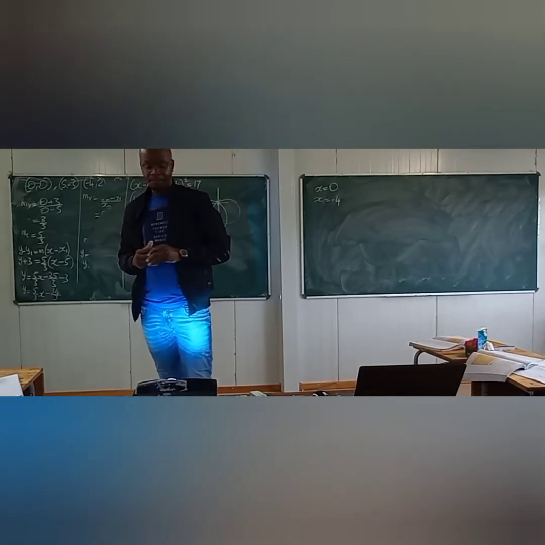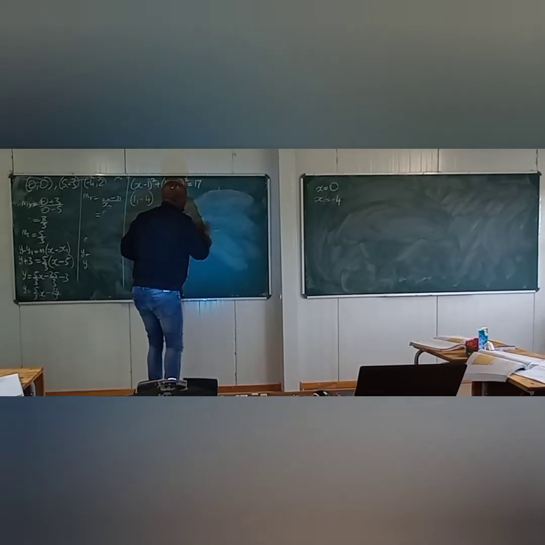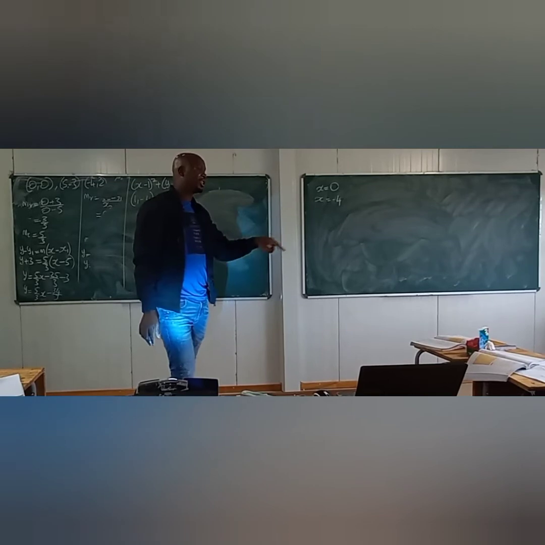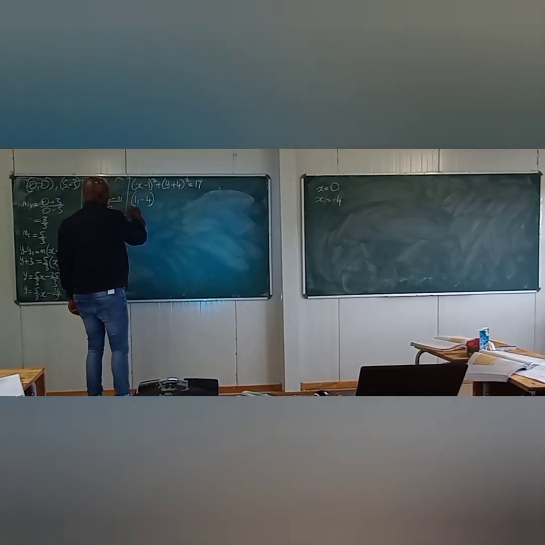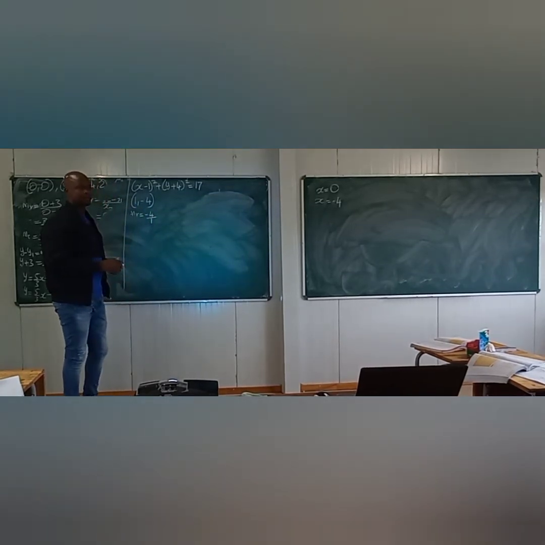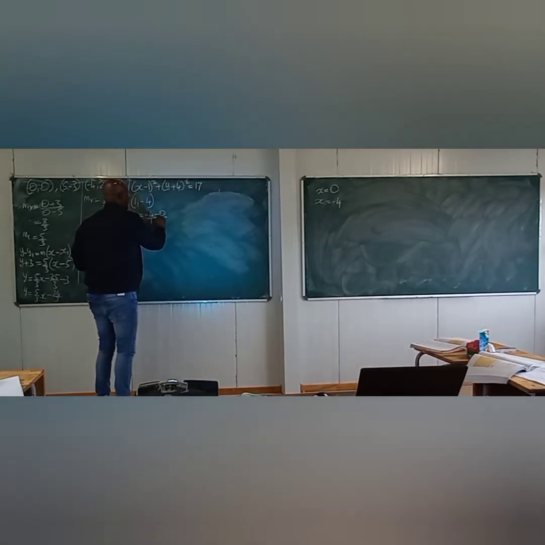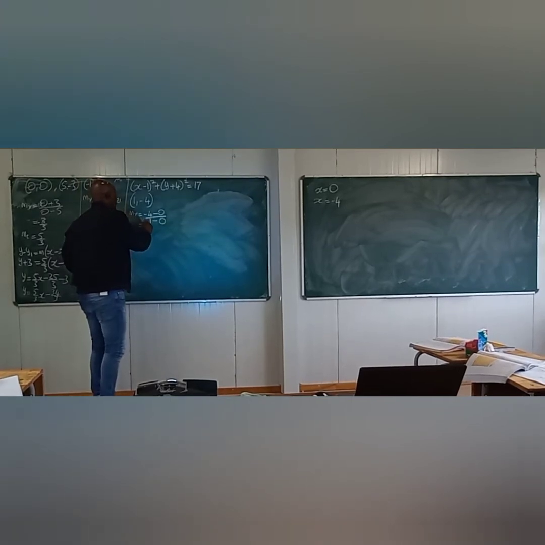So the gradient of the radius equals -4 over 1, because this is 4 minus 0 over 1 minus 0, which equals -4.